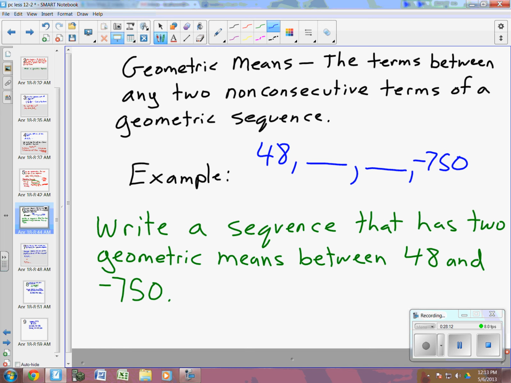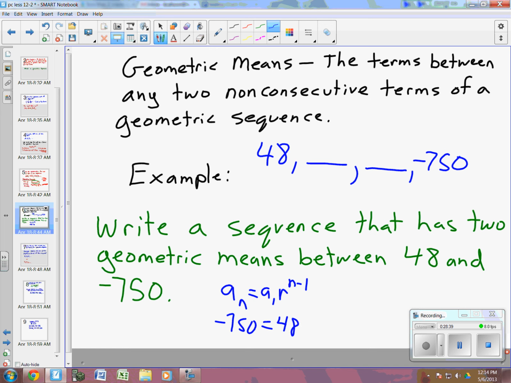Okay, I've got to solve this. I can just use the formula we just learned: a sub n equals a sub 1 times r to the n minus 1. I can plug in what I know. Do I know a sub n? Negative 750, it's the last term. Do I know a sub 1? 48.